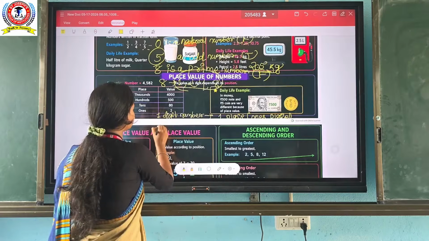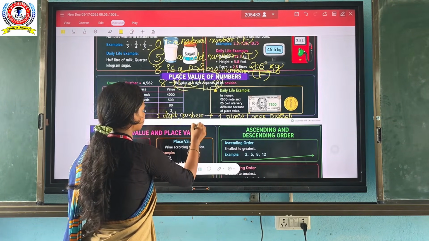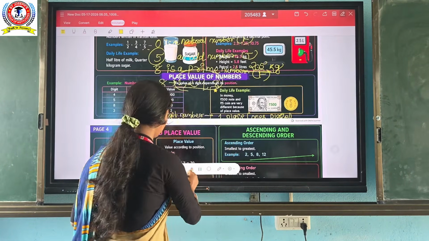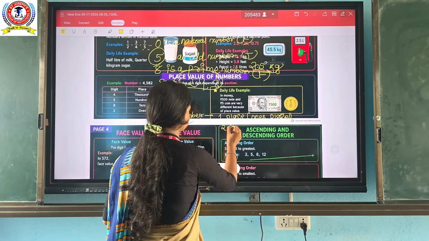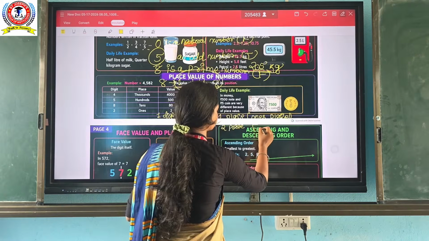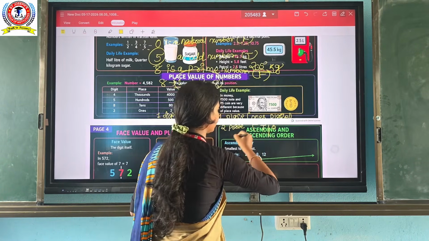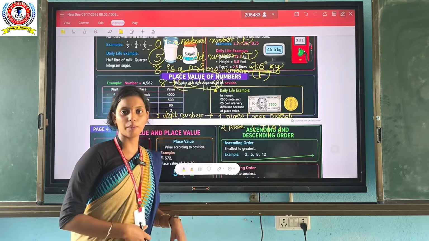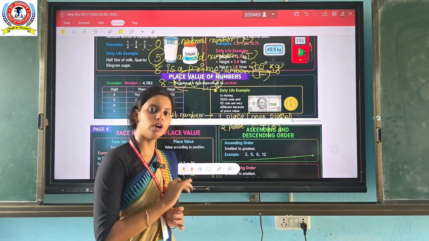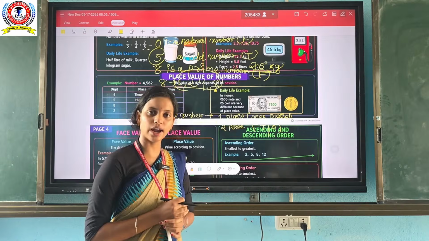But in a 2 digit number there are 2 places, means ones place and tens place. In a 3 digit number there are 3 places: ones place, tens place and 100 place. In a 4 digit number there are 4 places: ones place, tens place, 100 place and 1000 place.